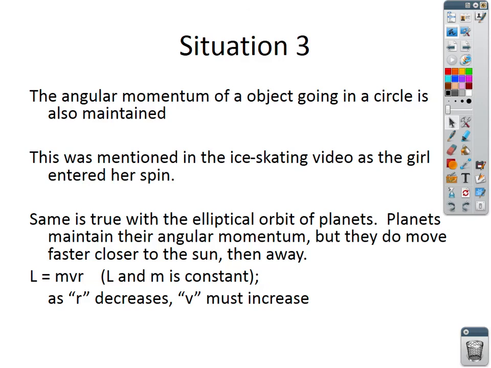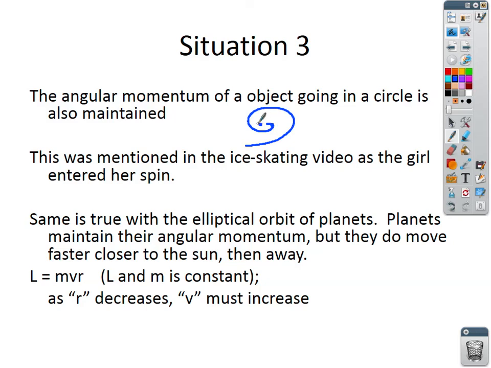The last situation mainly has to do with what they mentioned in the ice skating video, so again, I recommend looking at that. The idea here is when you start on the outside and then make a smaller circle, you decrease the radius from the point you are rotating around.